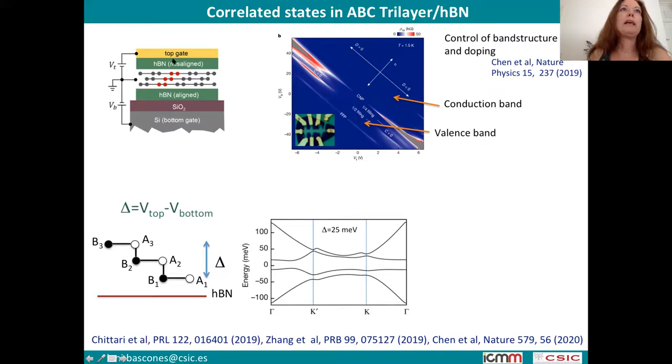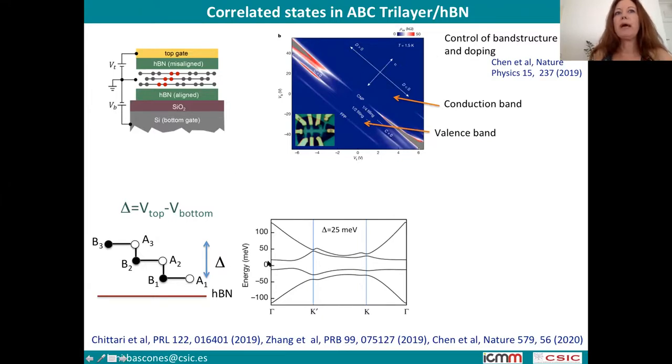This is the system that, as I mentioned before, was created as a device. There is a top gate and a bottom gate, and this is the trilayer, aligned with one of the boron nitride substrates. By playing with these two gates, it's possible to tune on one side the band structure via this gap opening.